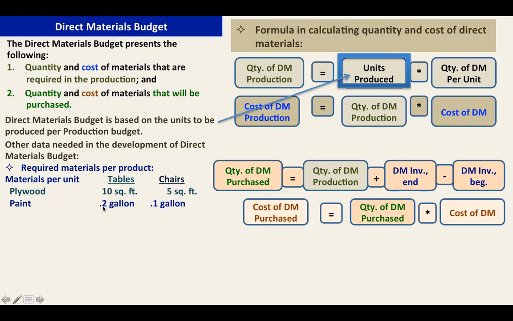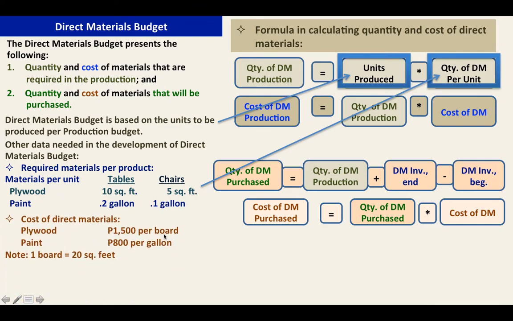For paint, 0.2 gallon for tables and 0.1 gallon for chairs. This information is the assumption. Normally, assumptions made in the development of budgets are based on analysis and studies of the financial performance or the historical financial data. So this is what we need: the quantity of direct material per unit.